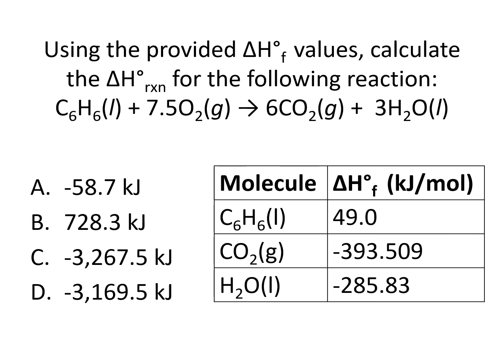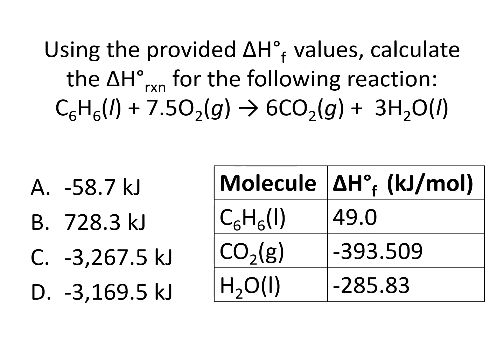Using the provided delta HF values, calculate the delta H reaction for the following reaction. C6H6 liquid plus 7.5 O2 gas yields 6 CO2 gas plus 3 H2O liquid. C6H6 liquid has a delta HF value of 49.0 kilojoules per mole. CO2 gas has a delta HF value of negative 393.509 kilojoules per mole.